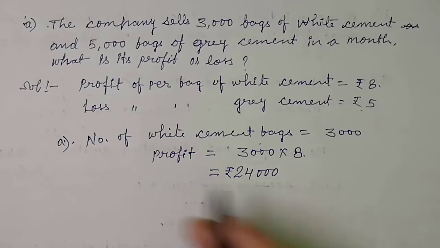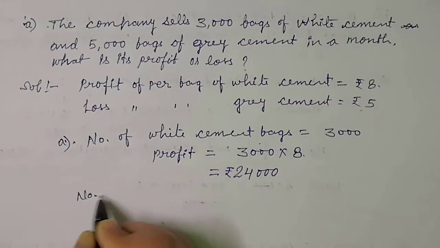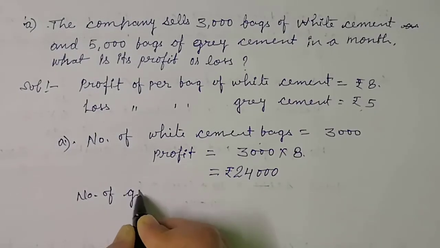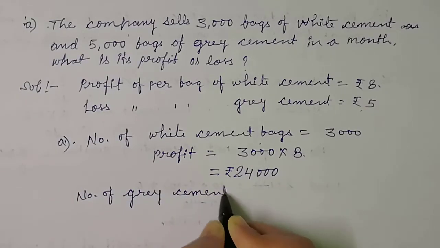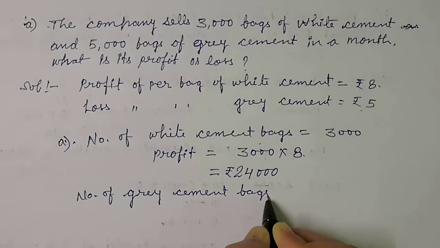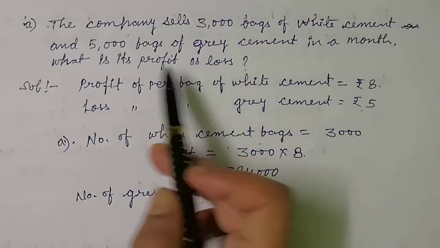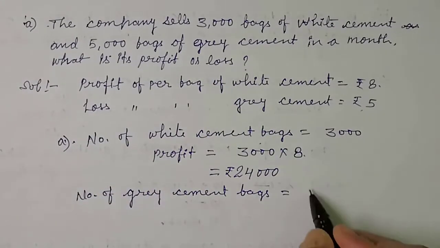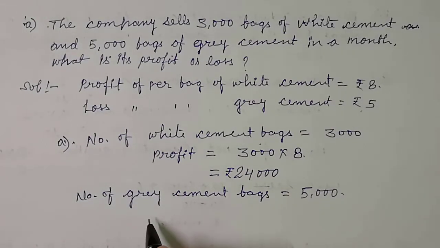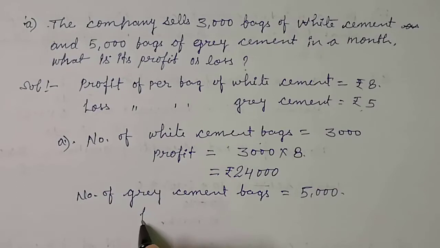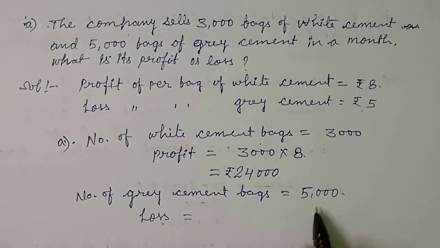Now the number of grey cement bags is 5000. So we'll write here 5000. Now how much loss will he bear? Loss for these 5000 bags.